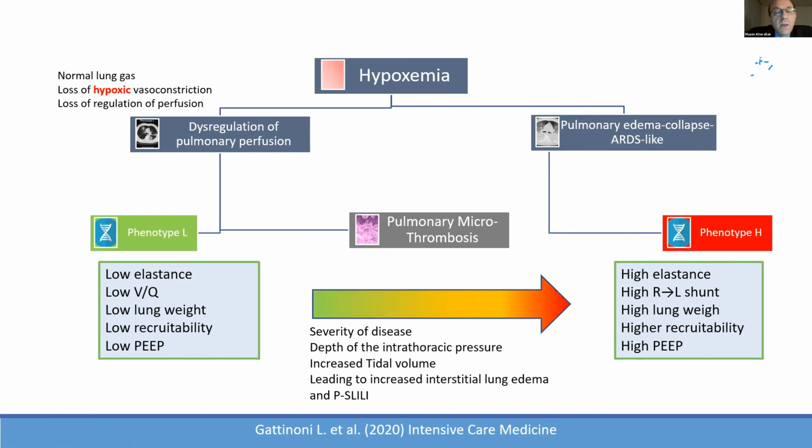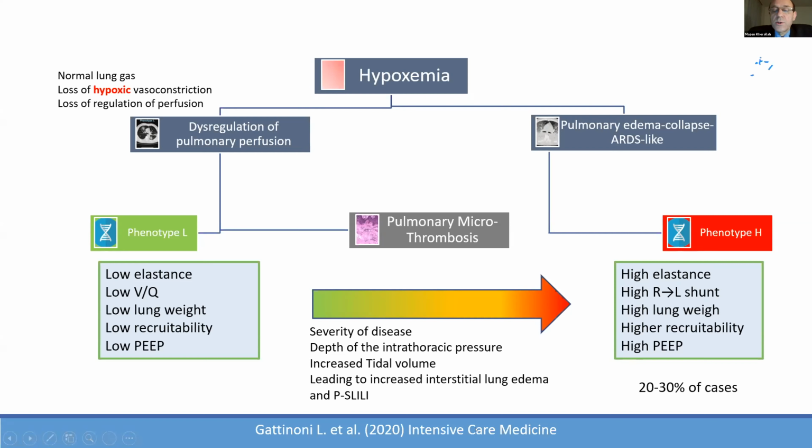And of course, patients can progress from phenotype L to phenotype H based on the severity of the disease and the depth of the intrathoracic pressure. That's why I emphasize the work of breath. That is what causes increased tidal volume that will lead to increased interstitial lung edema and patient self-inflicted lung injury.